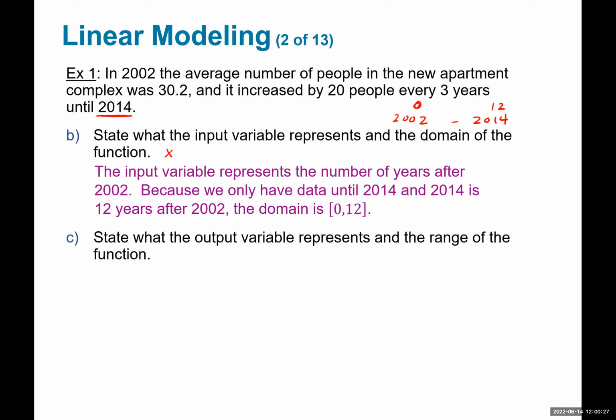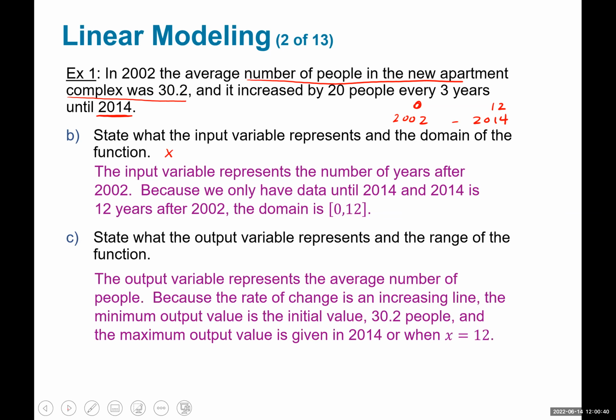State what the output variable represents and the range. So the output in this case was the number of people in the new apartment complex. And it started at 30.2. That was our lowest value. Okay. And so how many ever we get in 2014 would be the highest. So the output value represents the average number of people. Because the rate of change is an increasing line, we know that the minimum value is 30.2. And the maximum value is given in 2014 or whenever x is 12.